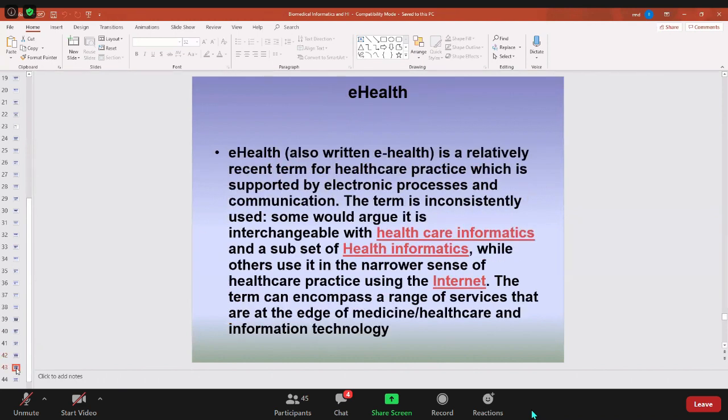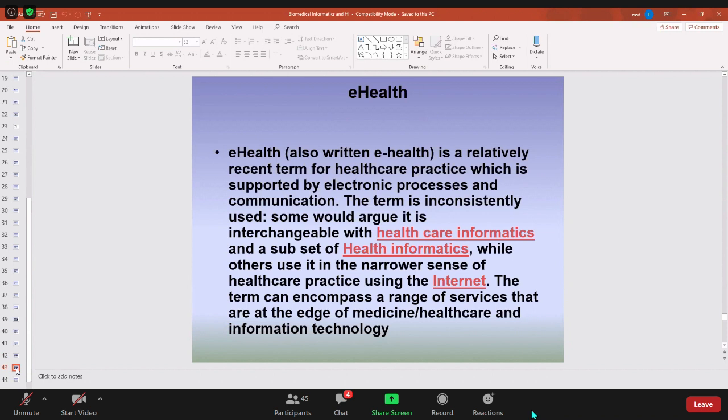So now, as I mentioned, you have tele, you have also E. E stands for electronic. So electronic health, we call it e-health, is a relatively recent term for healthcare practice which is supported by electronic processes and communication. Now, let me ask you, do electronic processes include information technology?